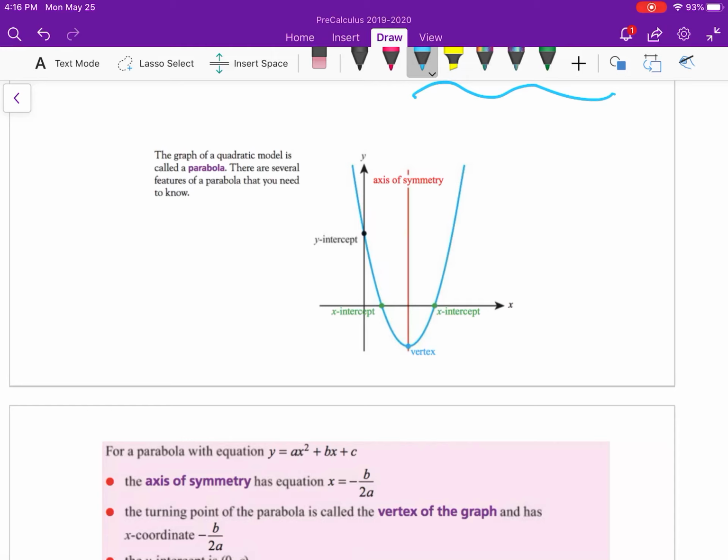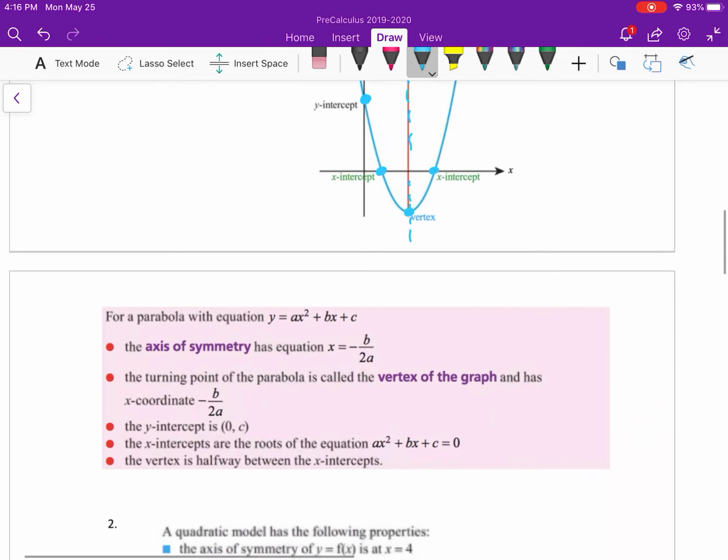Other things to remember, and we've talked about this a little bit over this unit. The graph of a quadratic model is called a parabola. Several key features. We have y-intercepts. Sometimes we have two x-intercepts. We have a vertex. The axis of symmetry is the equation of the line that divides the parabola in half as a mirror image.